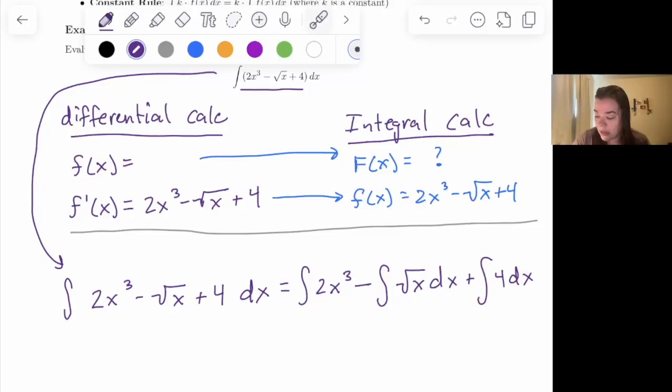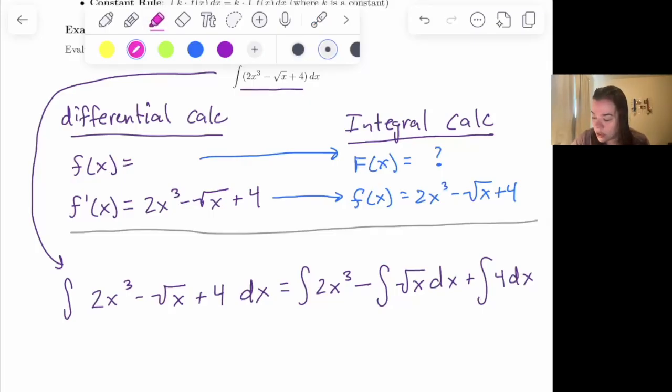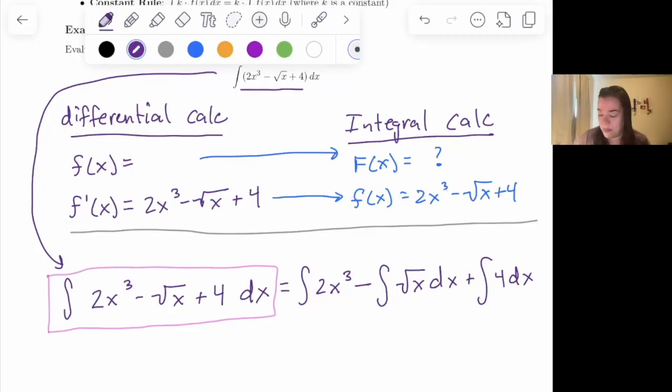Most people just continue from the form where everything's together, and they mentally know that they can integrate each term separately across a plus or minus sign. So that's the way we're going to proceed, because it's most likely the way you'll see in class: we'll keep the integral together, but we'll just integrate each piece separately.